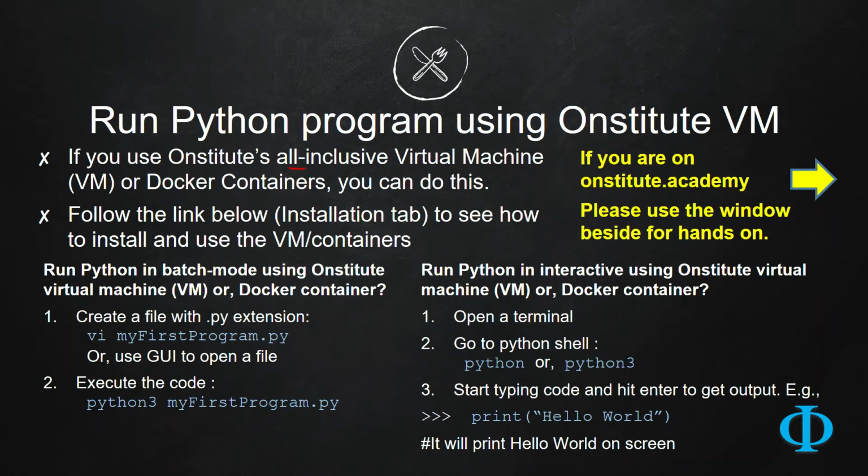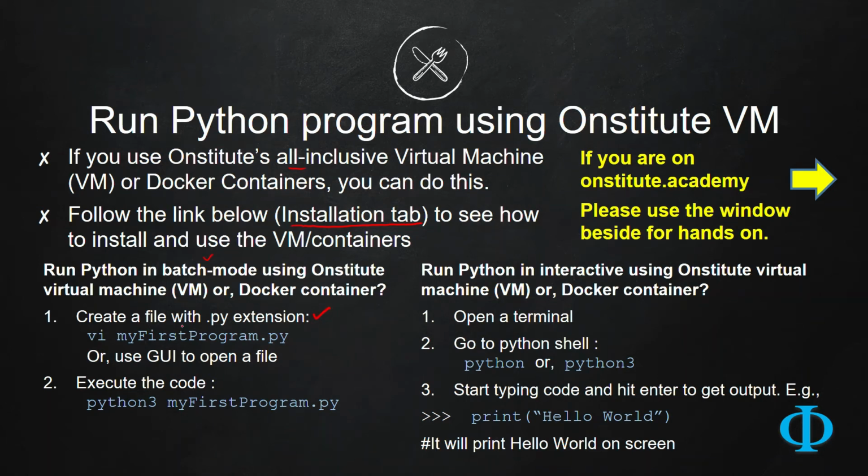And here below there is an installation tab where you can find how to install the virtual machine or containers on your machine or any server of your choice. After installing that, in order to write a Python program in batch mode, you have to first open or create a Python file with .py extension.